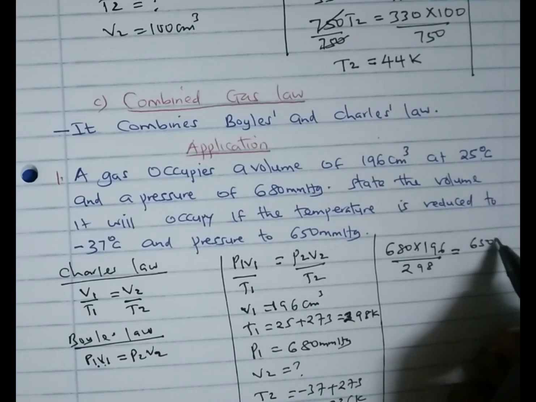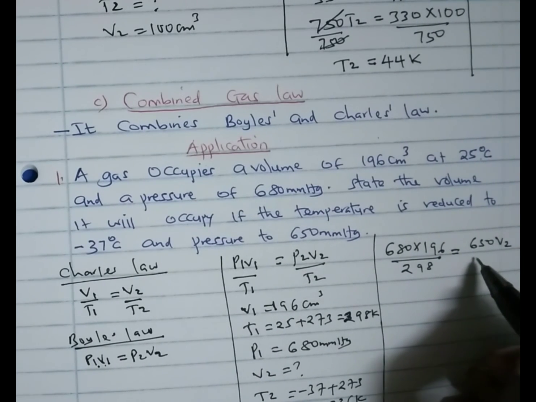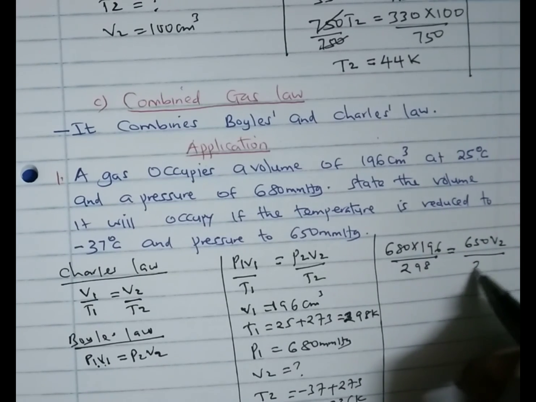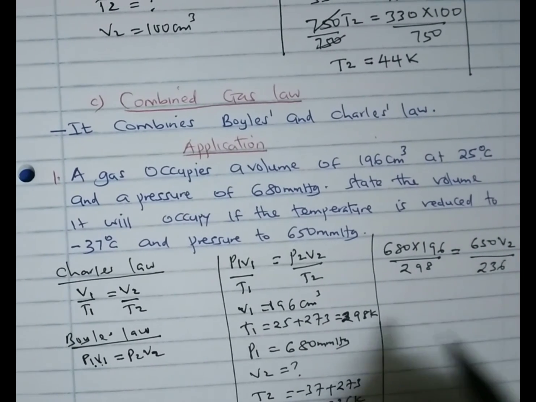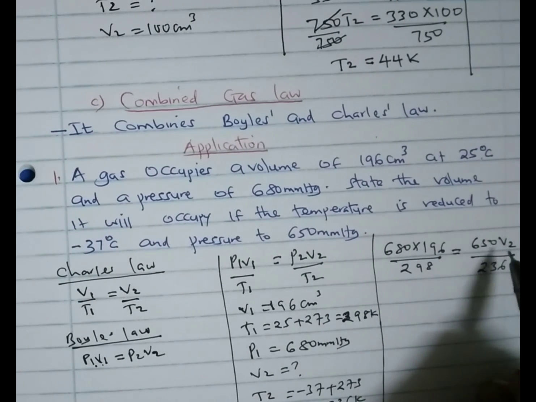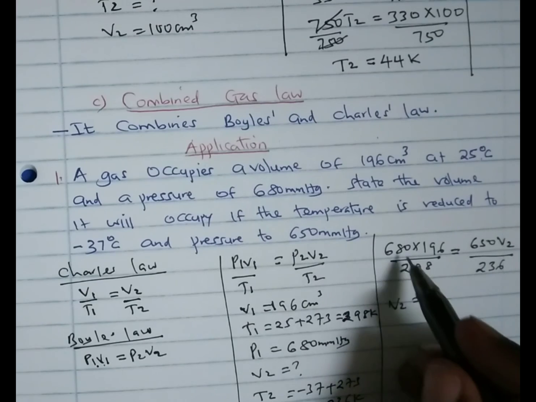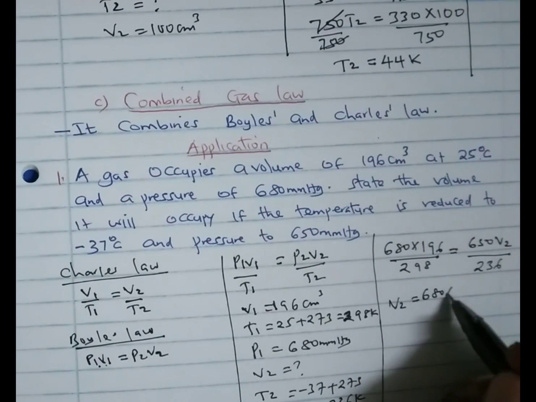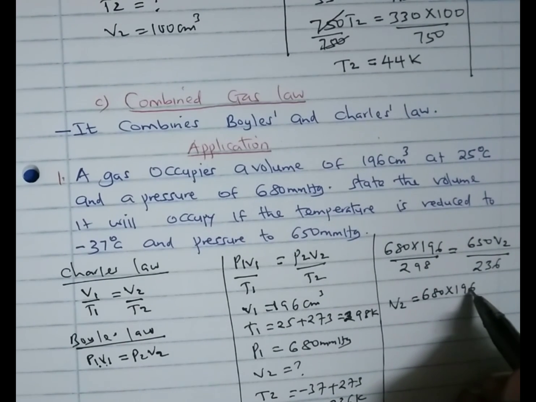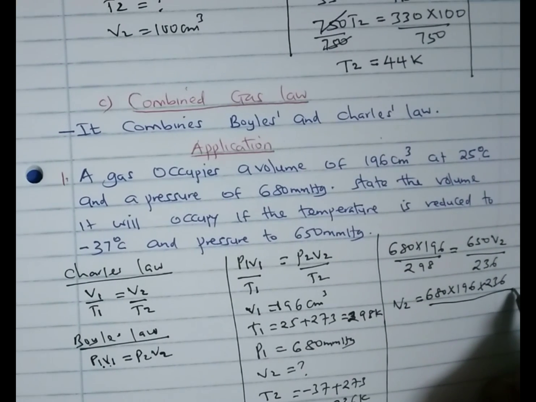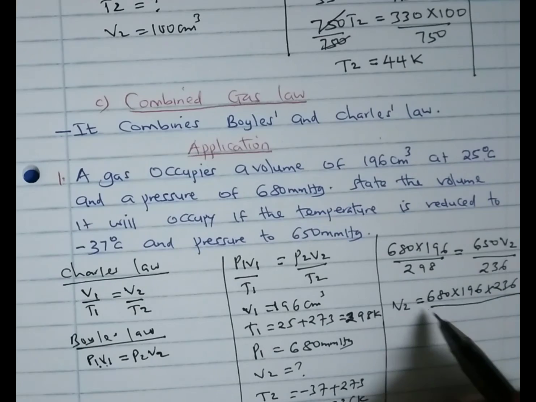We multiply by volume 2, we divide by temperature 2, and our temperature 2 is 236 kelvins. If you cross multiply, we are going to have V2 being equal to 680, we multiply by 196, we multiply by 236, we divide by 650.